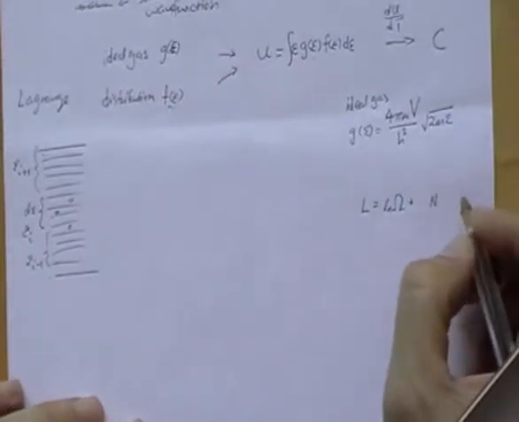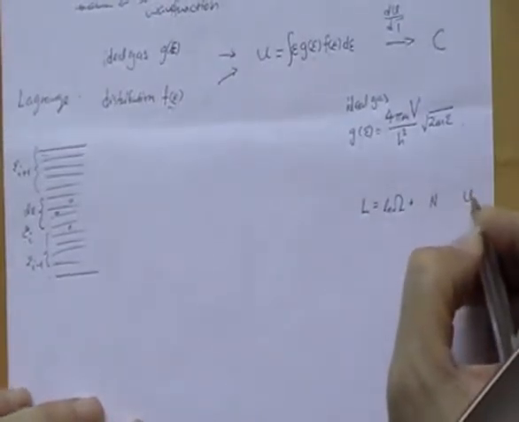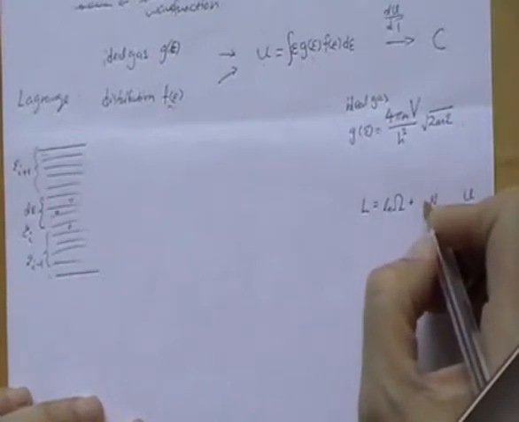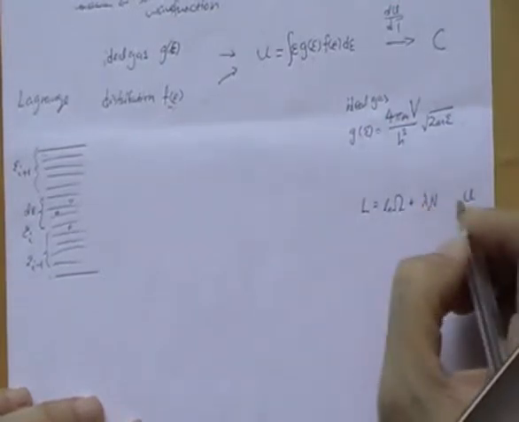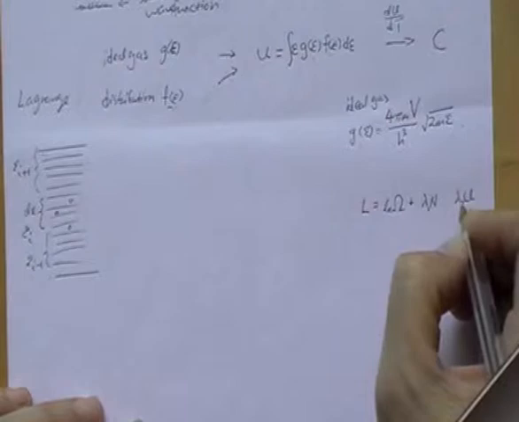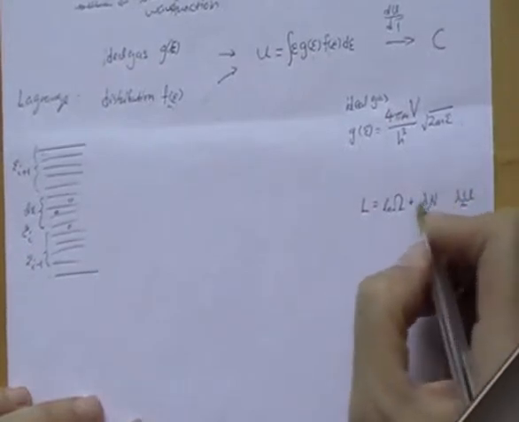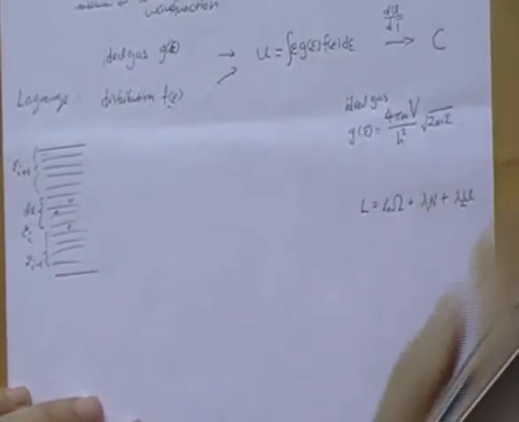Number of particles must be fixed, total energy must be fixed, and we introduce the additional unknowns lambda 1 and lambda 2 which are called Lagrange multipliers.